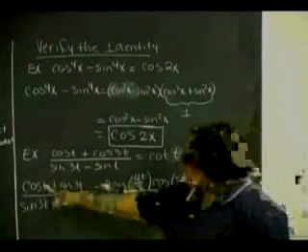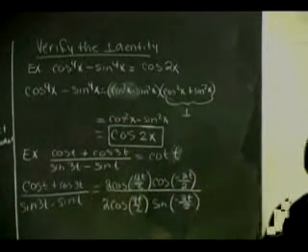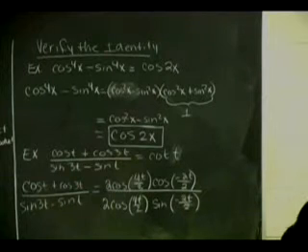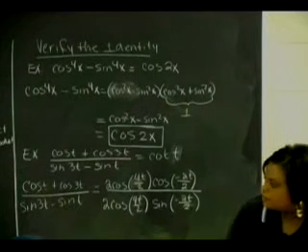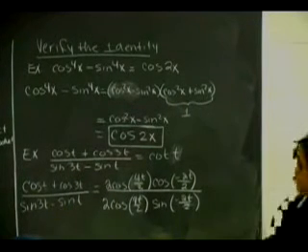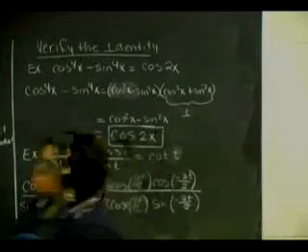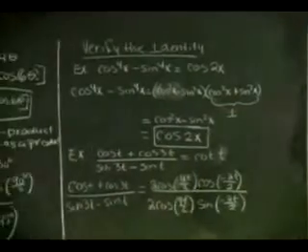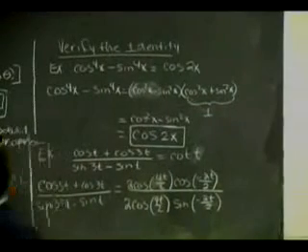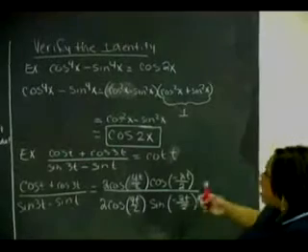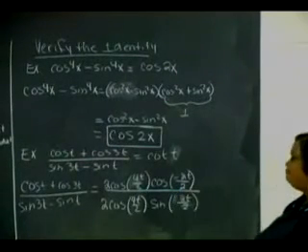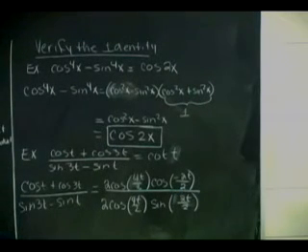No, x is first. 1t minus 3t is negative 2t. We're looking at this one. Oh, thank you. You are absolutely right. Thank you. Plus 2t. Thank you.